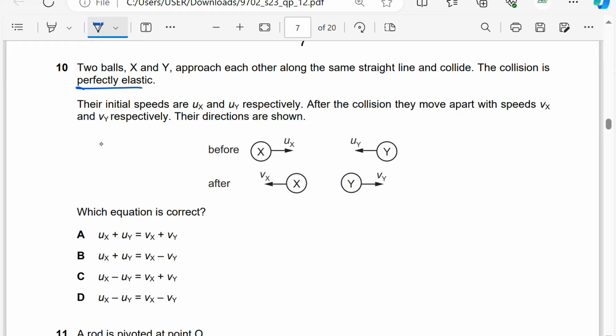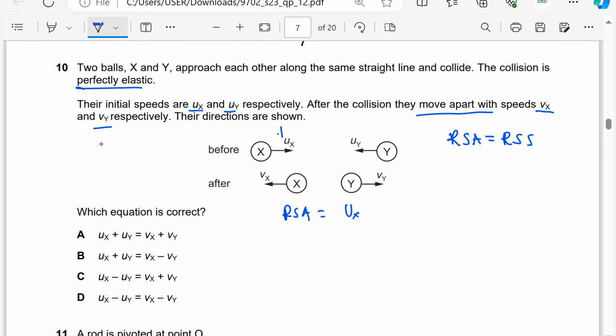The initial speeds are ux and uy. After the collision, they move apart with the speeds vx and vy respectively, the directions are shown. Which equation is correct? Since the collision is perfectly elastic, the relative speed of approach should be equal to the relative speed of separation.